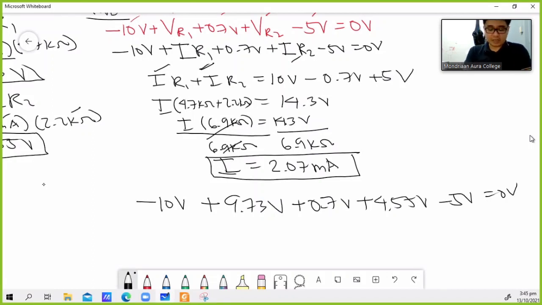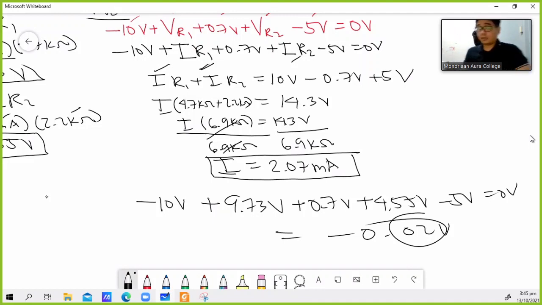Tignan natin kung magiging tama yung magiging 0 siya. Negative 10 plus 9.73 plus 0.7 plus 4.55 minus 5. So that is equal to negative 0.02 volts. So meron tayong konting rounding off error, but essentially that is almost equal to 0.